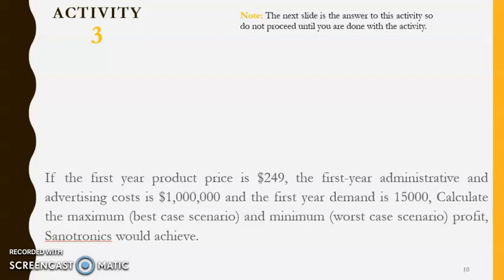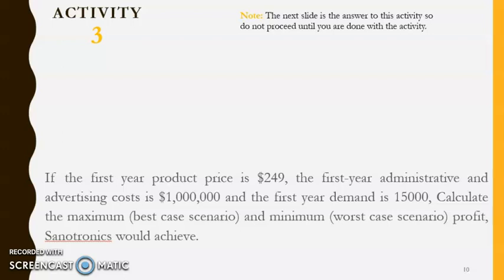And if the first year administrative and advertising costs is $1 million and the first year demand is 15,000. So you see, none of them so far are random. All of them are fixed. It makes it simple. So in that way, you can test yourself much better to see if you have understood the case very well.